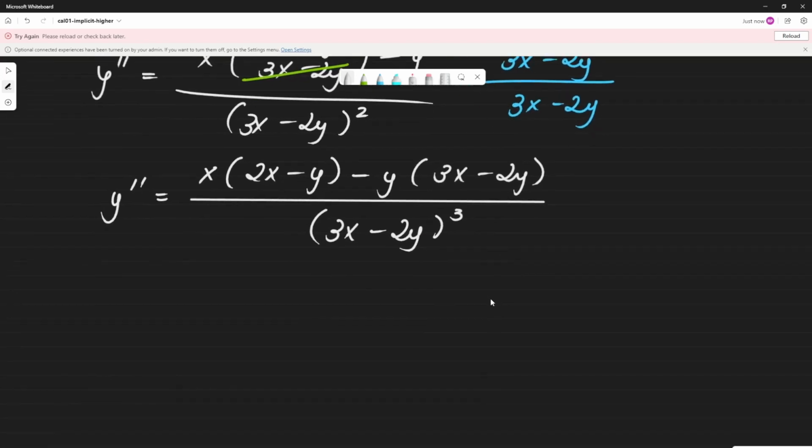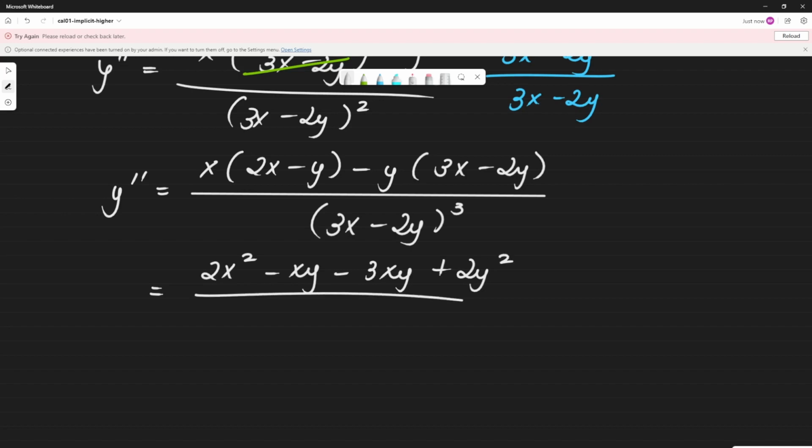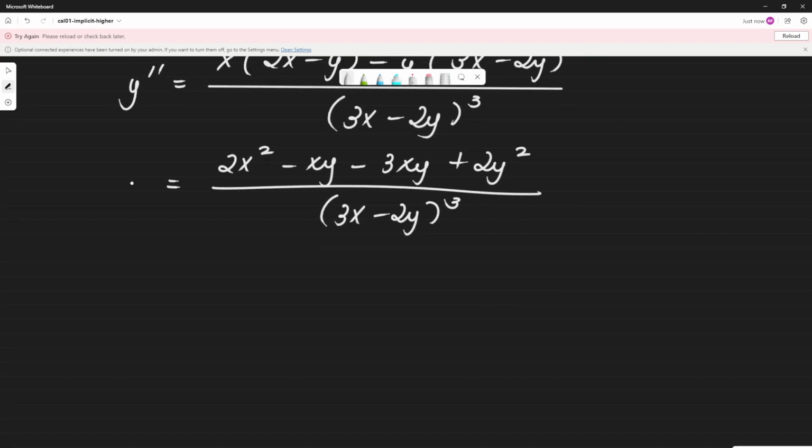So, distribute natin. So, we have 2x squared minus xy minus 3xy plus 2y squared all over 3x minus 2y quantity cube. Okay?